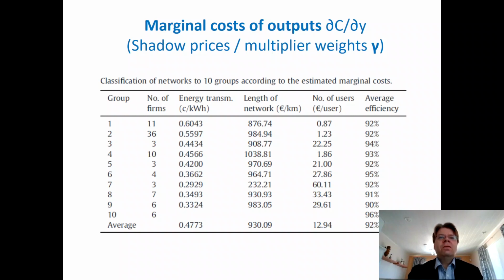In fact, if we would allow these companies to choose themselves, if we gave this kind of menu of shadow prices and companies could choose whichever shadow prices they would want to use, it would be in their advantage to choose exactly the same group that we have already chosen on their behalf here. So these are the most favorable shadow prices that can be given, exactly in the same way as in DEA.